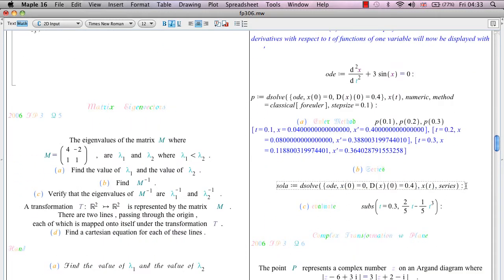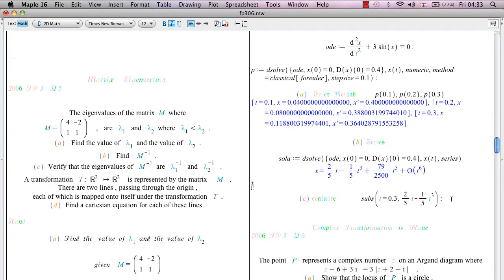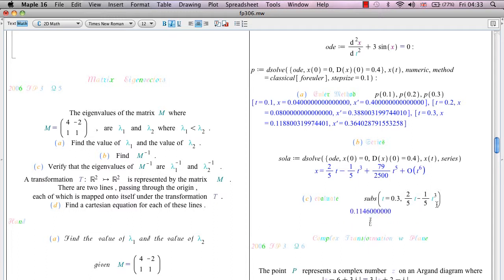So for our series in B and an estimate of t equals 0.3 in C.